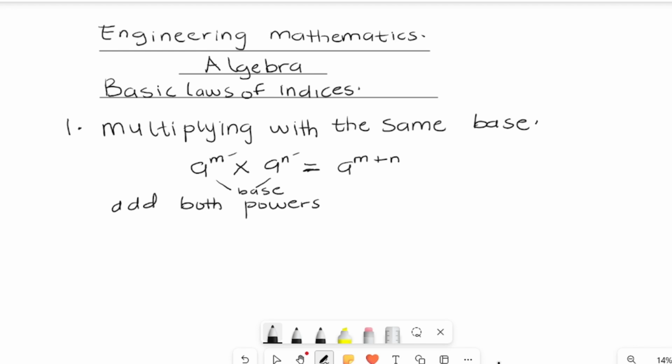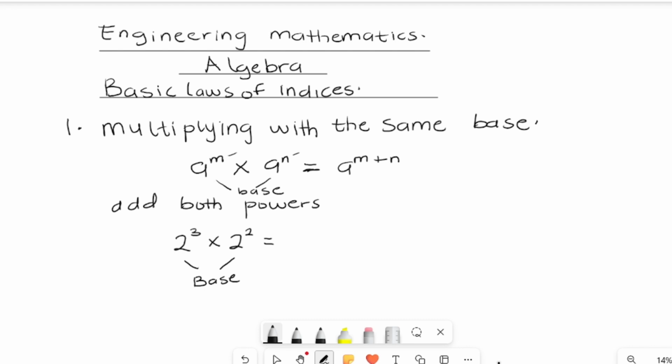So now let's use another example. Let's say we have 2 raised to power 3 times 2 raised to power 2. You take note, both of them have the same base. So they are obeying the law.